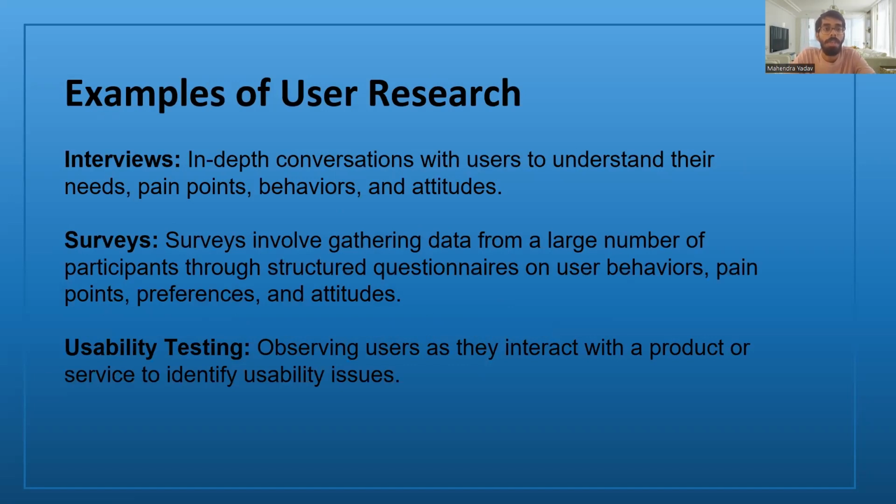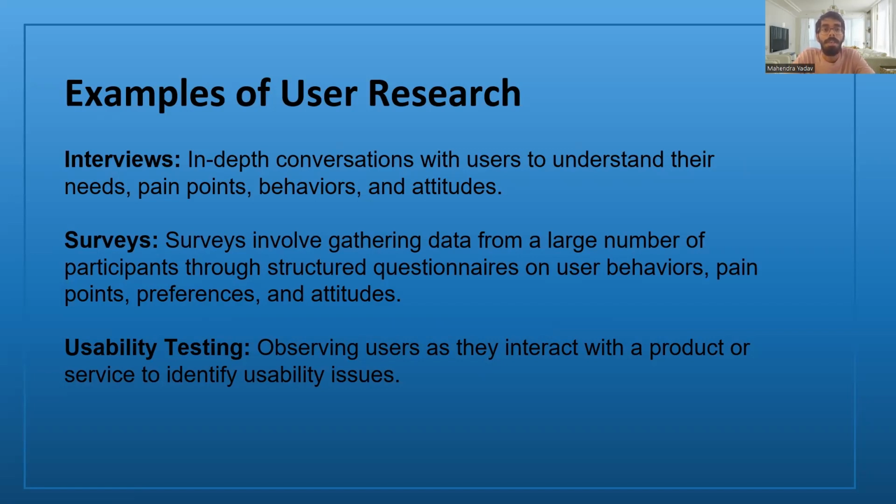Now, examples of user research. There are different types of methods that you can use for user research, but here we will see three: interviews, surveys, and usability testing. In interviews, you will have an in-depth conversation with the users to understand their needs, pain points, behaviors, and attitudes. It can be 15 minutes, 30 minutes, 1 hour. It depends on you. Surveys.